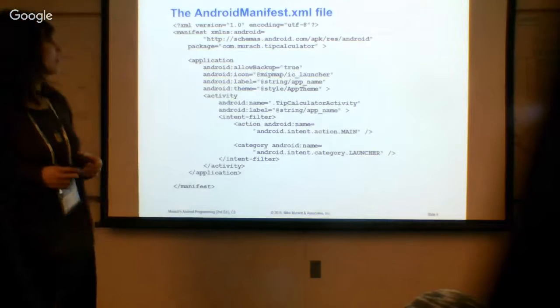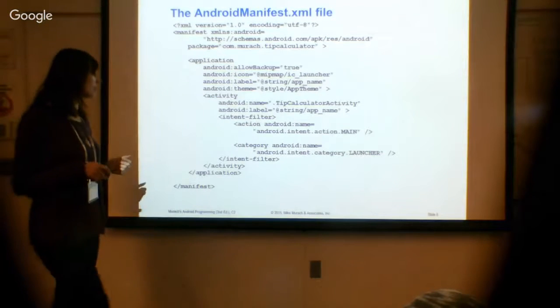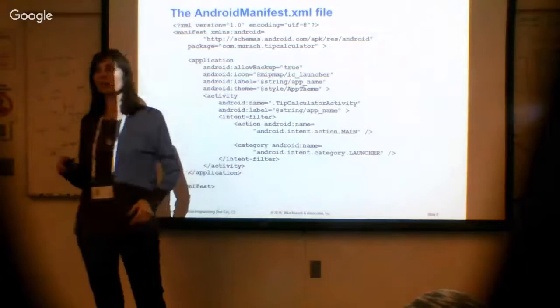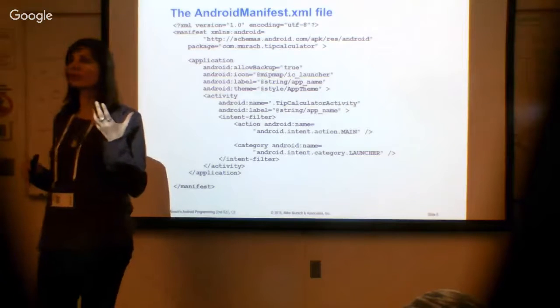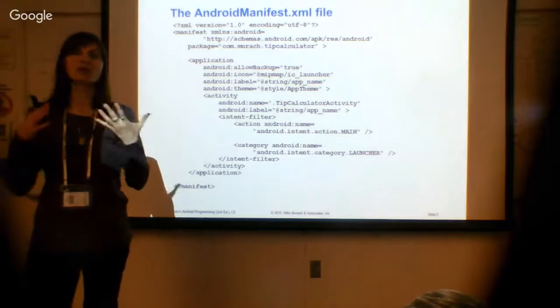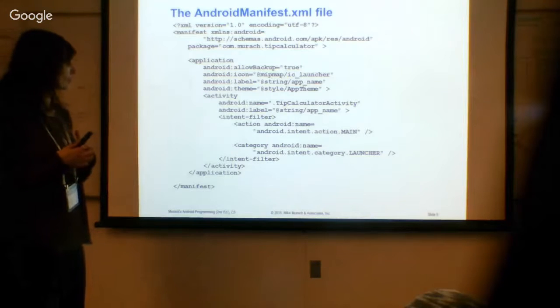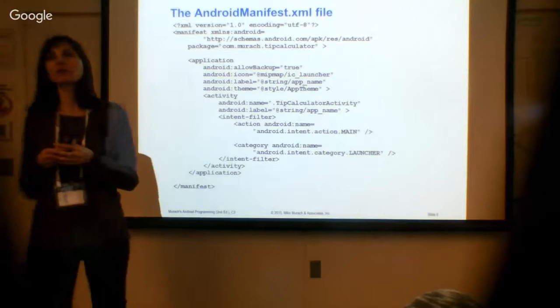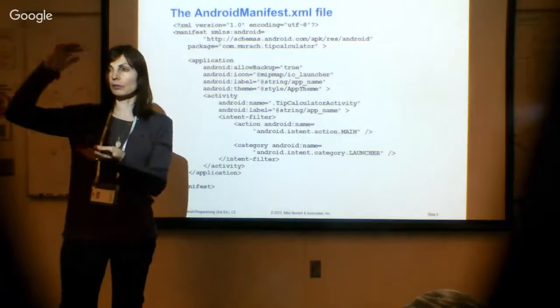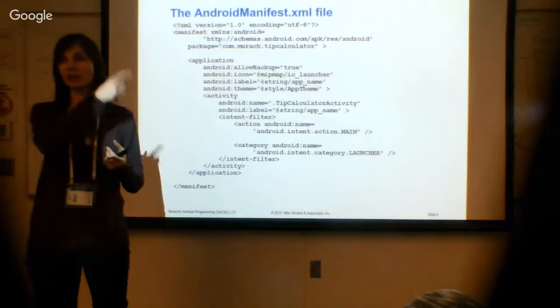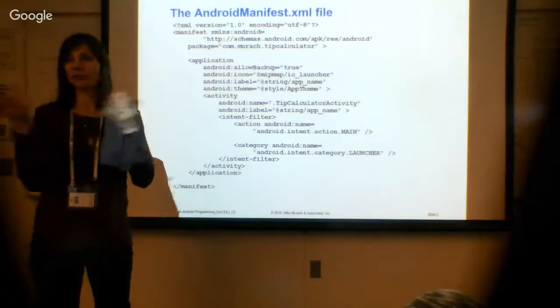The manifest file, we have looked at it briefly to point out that this is the place where it's specified which is the first activity that is going to launch. You can have multiple activities. Another thing you can do here is, if you want to specify that your app only works in a portrait orientation, then you can have an attribute for screen orientation and set it to portrait or landscape.